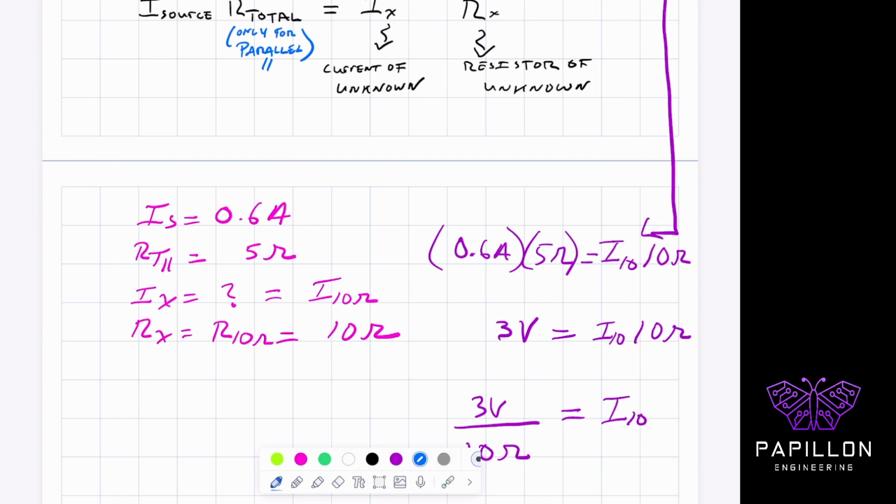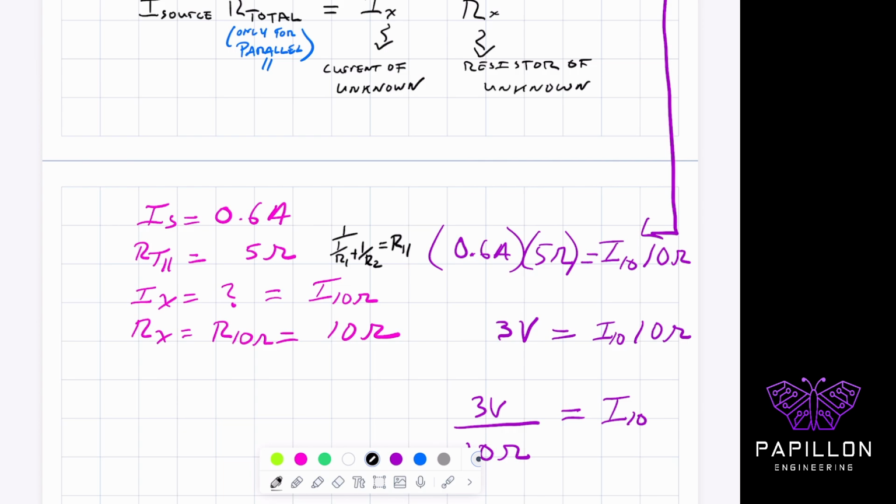How do we get the 5 ohms again? Well, we did the definition of parallel, which is 1 over R1 plus 1 over R2 equals 1 over R of the parallel piece. So 1 over 10 plus 1 over 10 sums up to be 5 ohms. That's what we did earlier.